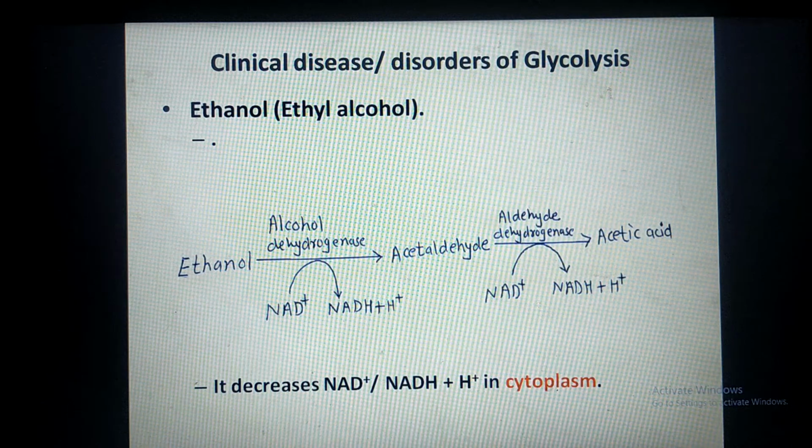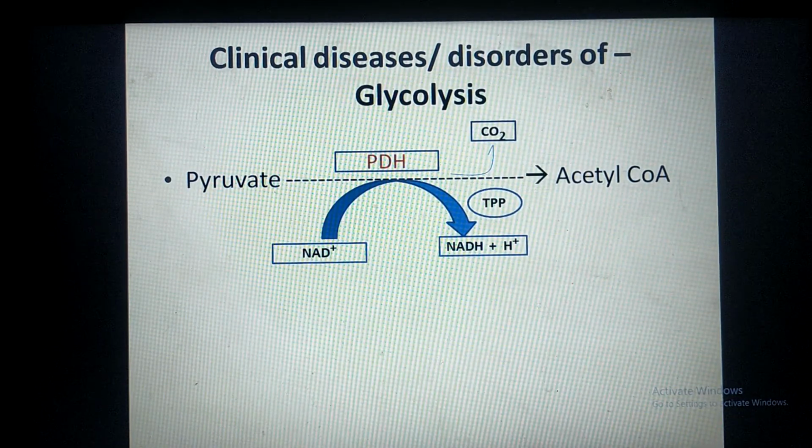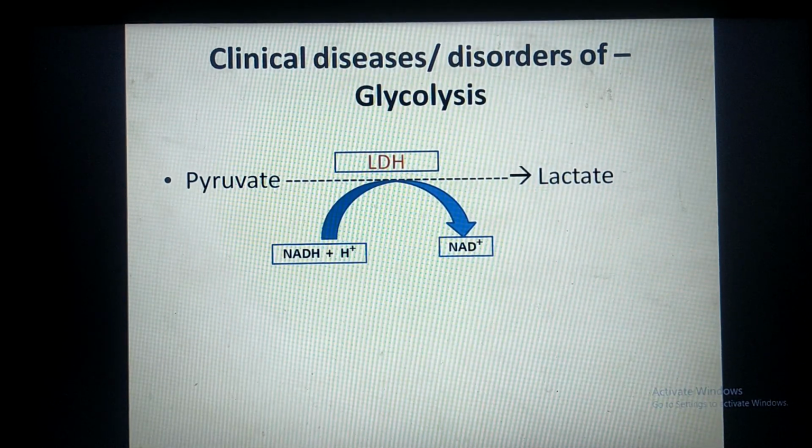NADH concentration increases, but there is deficiency of NAD. Therefore, the cell tries to regenerate NAD from NADH. And how does it regenerate? By converting the pyruvate into lactate.